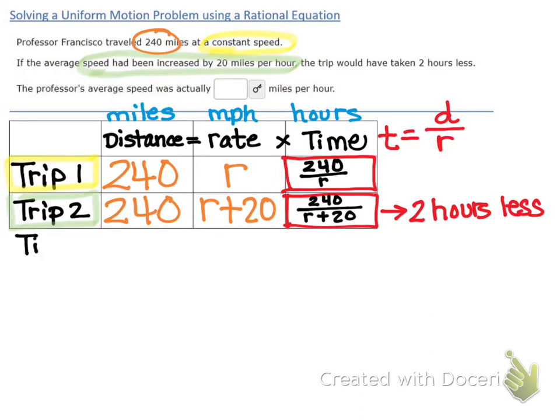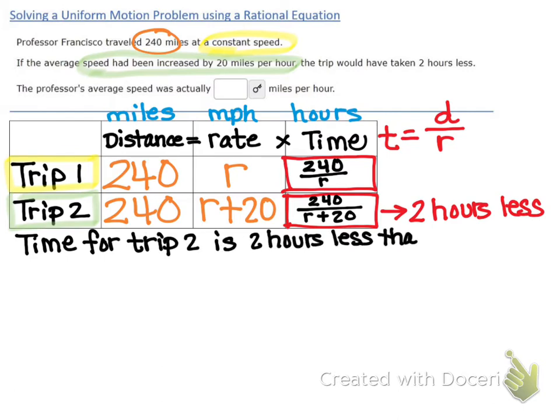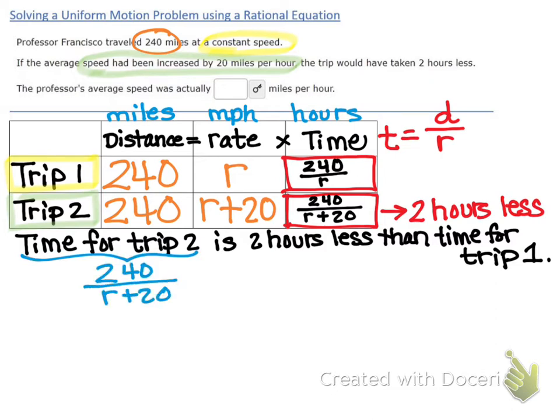So what that means is that the time for trip 2 is 2 hours less than the time for trip 1. Now we can insert our time ratios and our equal sign, and then we will have our rational equation. So the time for trip 2 is the ratio 240 over r plus 20.